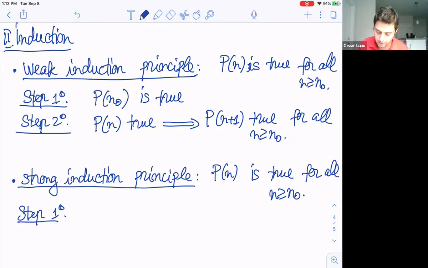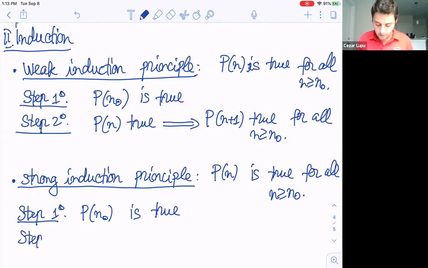So basically, I'm verifying this for P of n0 is true, right? And step two will be a little bit different. Well, I don't want to write it in great detail with notations.